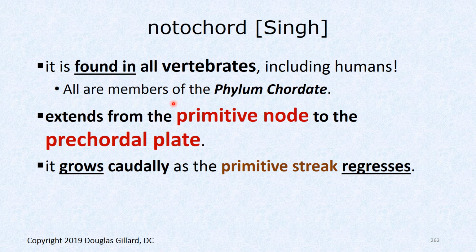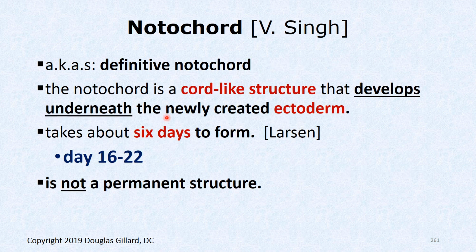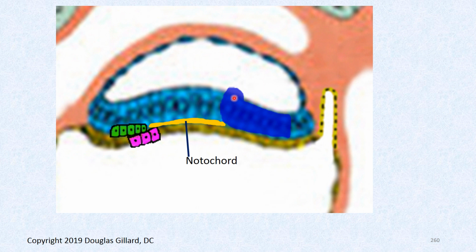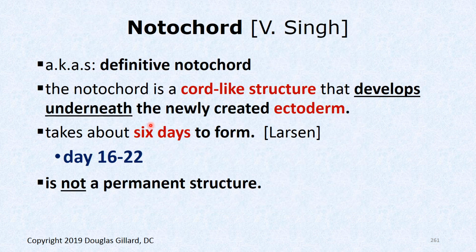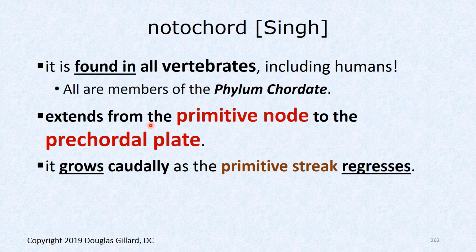It extends from the primitive node to the prechordal plate. So here's the primitive node of the primitive streak right here. It's created by cells migrating through the primitive node and then going in the midline straight forward, and they bump into the prechordal plate, and that's all the farther they can go. So those are the two structures that define where you can find it.